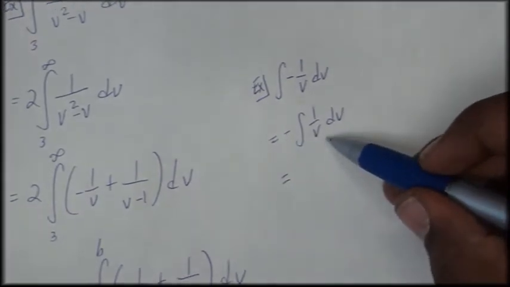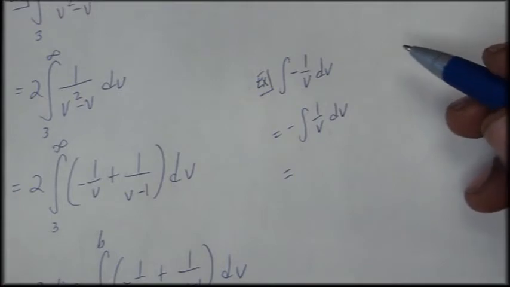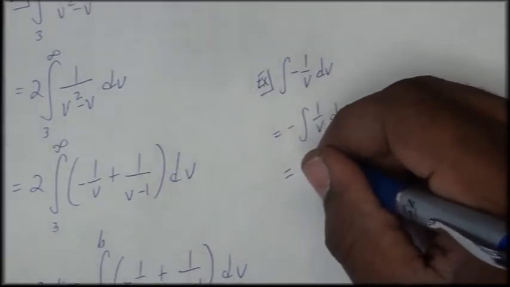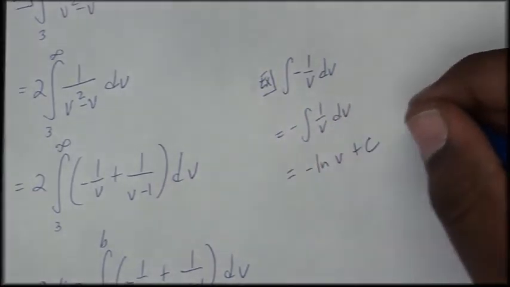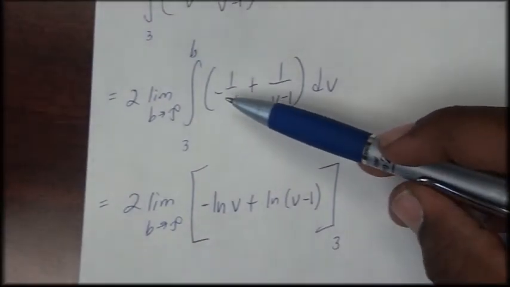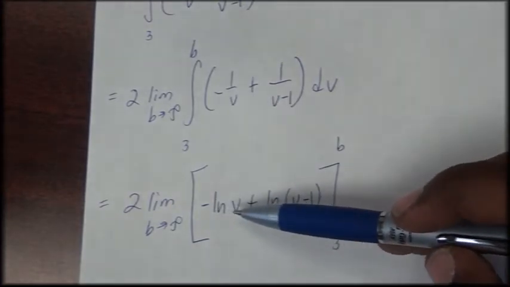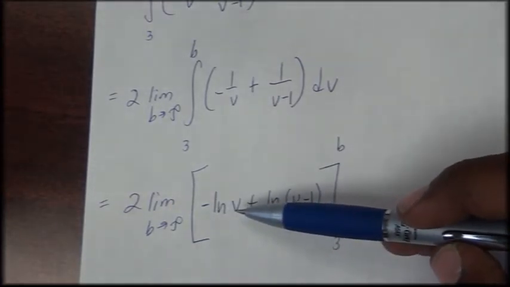And from the basic integral sheet, the integral of 1 over v is the natural log of v. So I have negative natural log of v plus c. So we have written the integral of negative 1 over v as negative natural log of v.